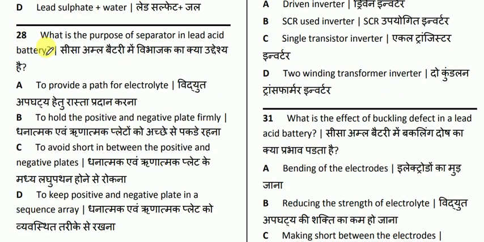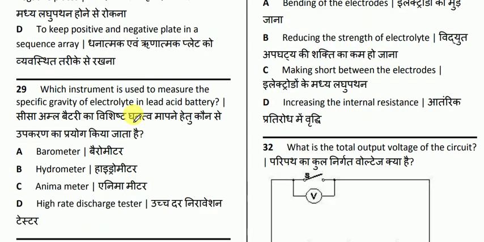Here the 28th question is, what is the purpose of the separator in a lead acid battery? That is to avoid a short between the positive and negative plates. Coming to the 29th question. Which instrument is used to measure the specific gravity of electrolyte in a lead acid battery?